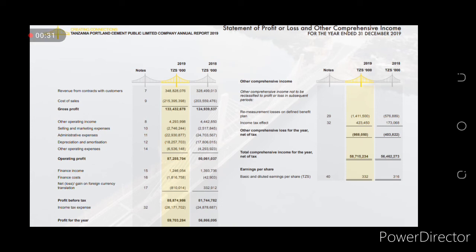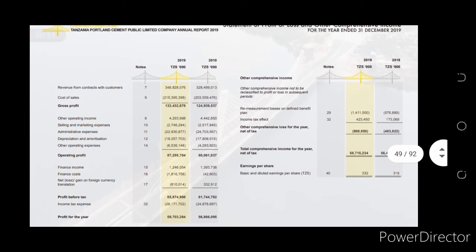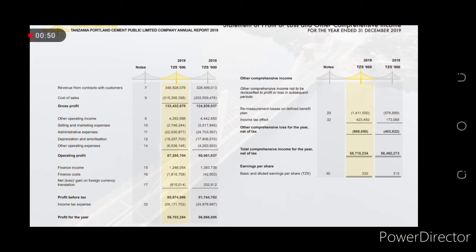The business has shown us these statements for 2 years, 2019 and 2018. The reason there are 2 years is to give a sensible comparison between the 2 years and to show us whether the business has performed better or worse than the previous financial year.